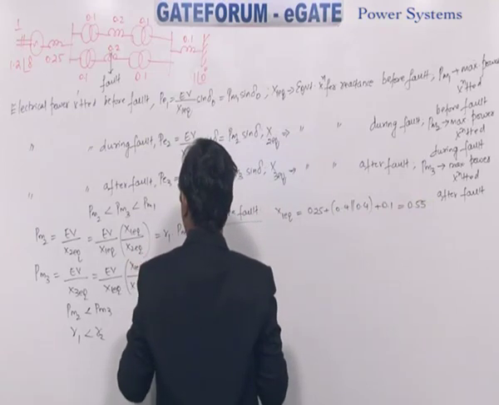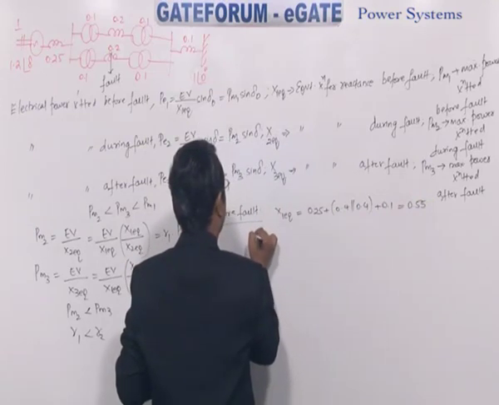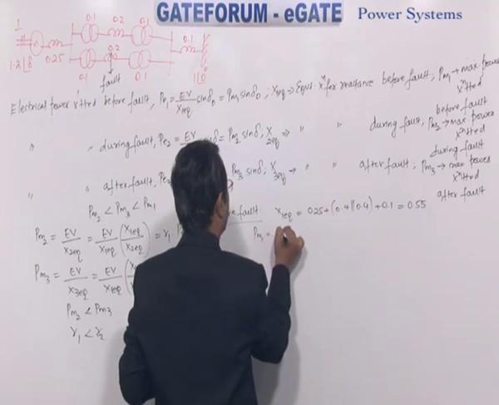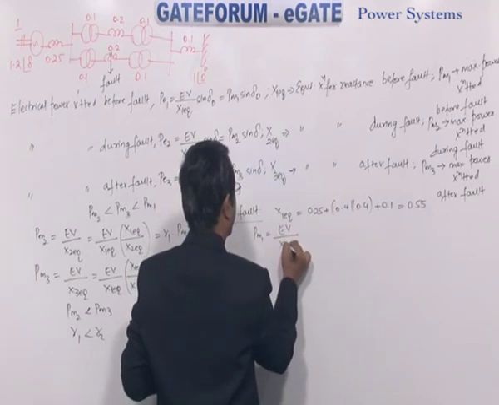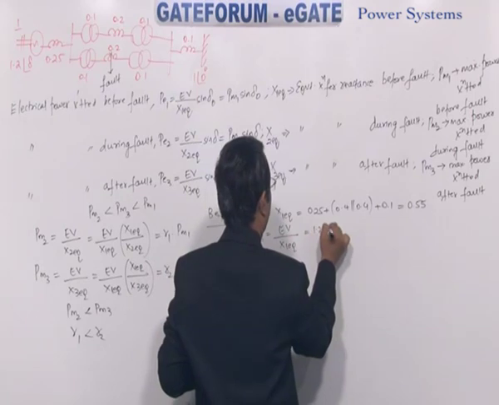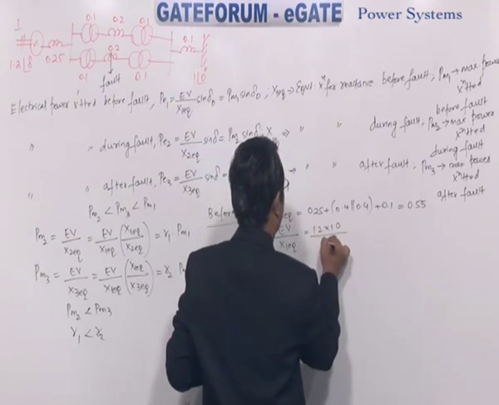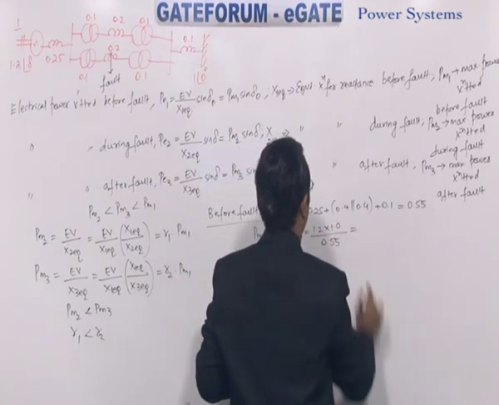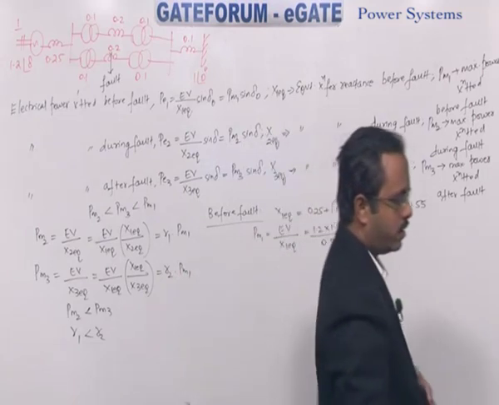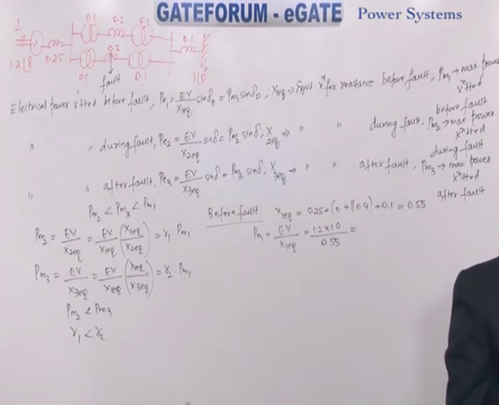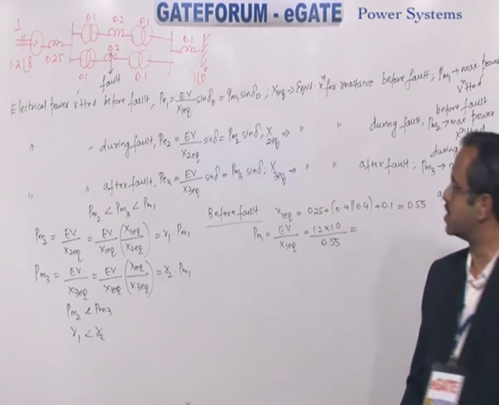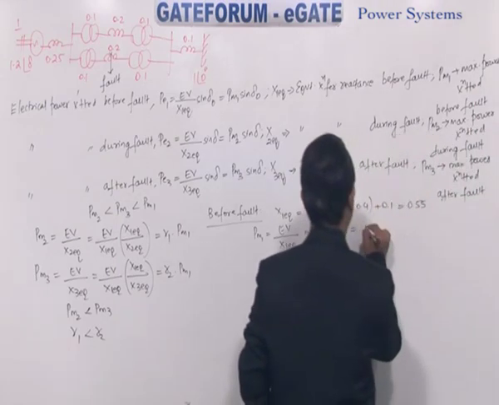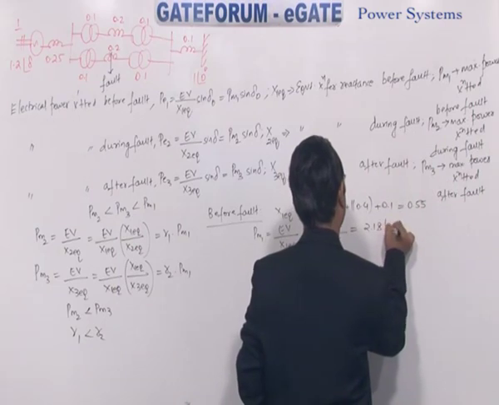Now once you know X1 equivalent, how do you find PM1? EV by X1 equivalent, 1.2 into 1 by 0.55. On simplifying you get 2.18 per unit.